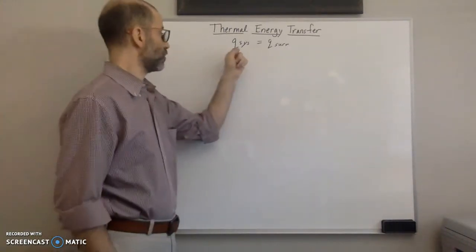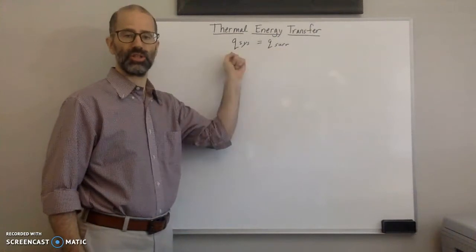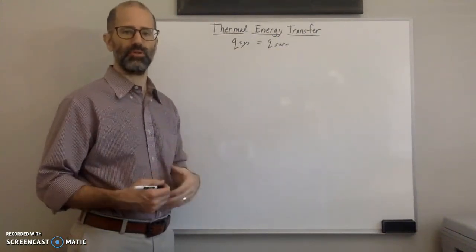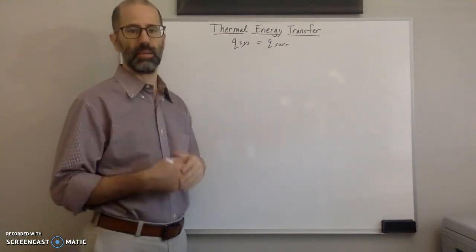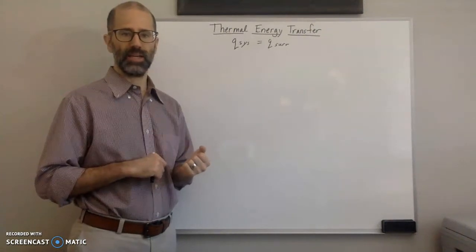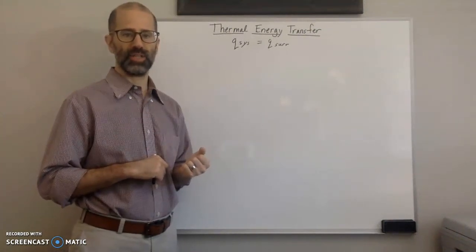You've got to figure out what your system and your surroundings are. In that particular instance, it's really simple. Your system, let's say, is the block. You're focused on what's happening with the block: is the block losing energy, gaining energy?